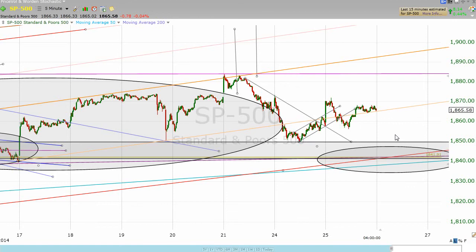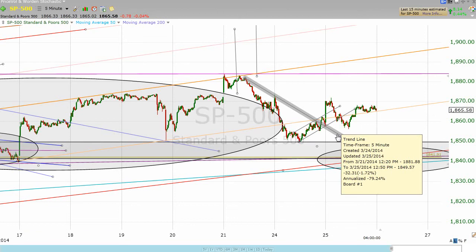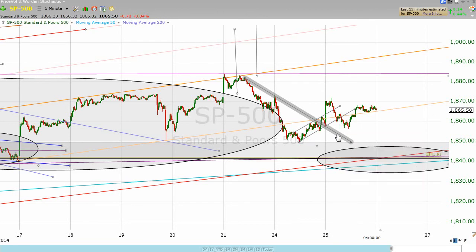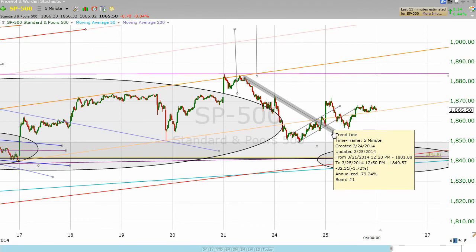And as luck would have it, we get a semi-ambiguous feel about this. We are above this line. We stayed above the line. Matter of fact, the low that we saw today was not that much lower than the last level when we back tested this line.